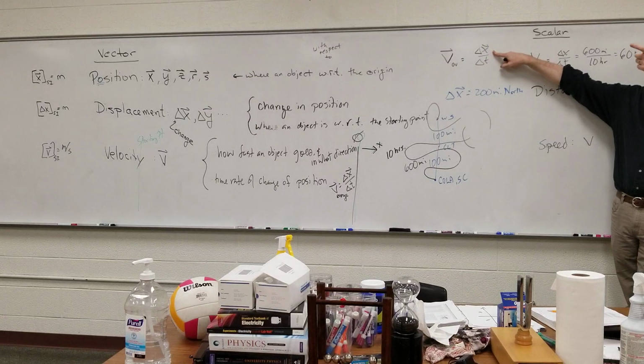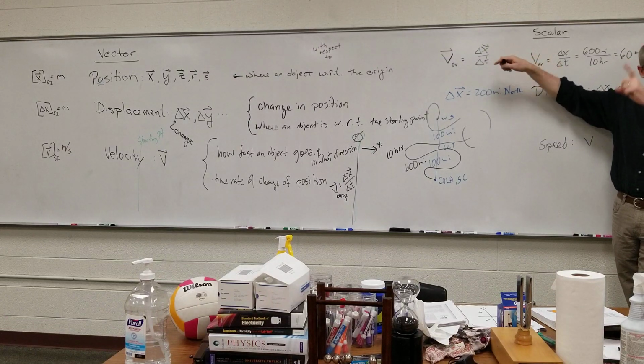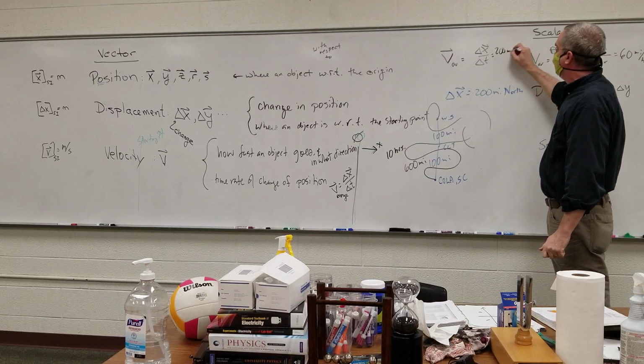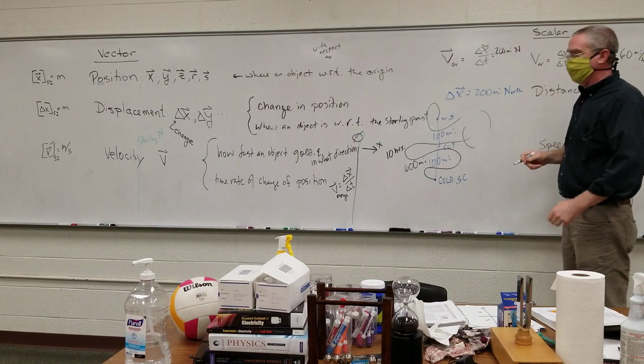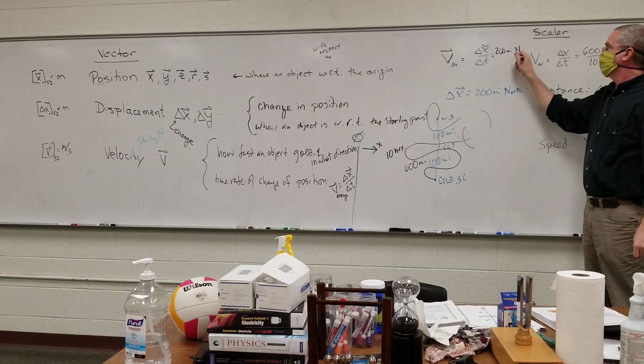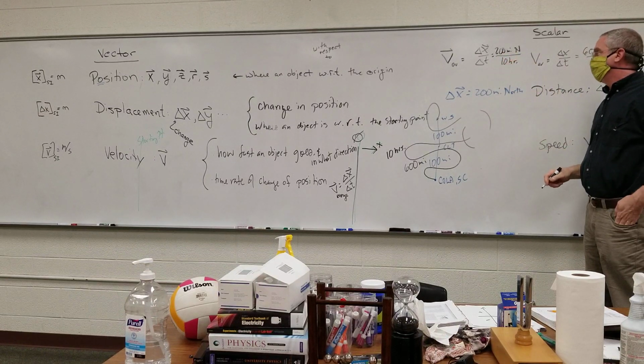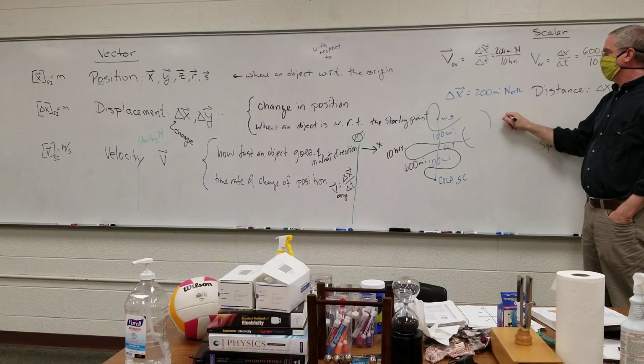Miles per hour? There we go, direction matters, north. So this is 200 miles north, and I'll just do N for north, over 10 hours. And so what we end up with is 20 miles per hour.